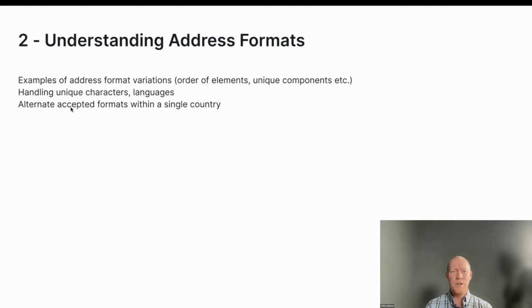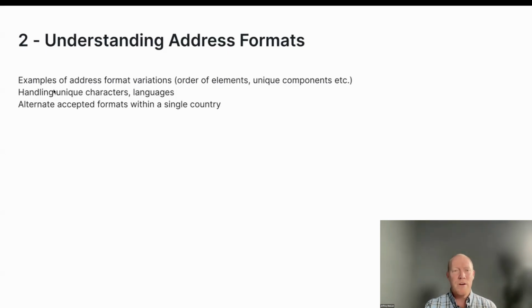Where does the apartment number go? In Canada, you put the apartment number first and then the house number. So 20 and then 100 Main Street. That's totally different from the United States. In the United States, we put the apartment last. In Australia, you can put the apartment first or you can put it last.